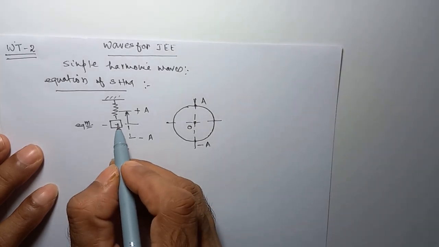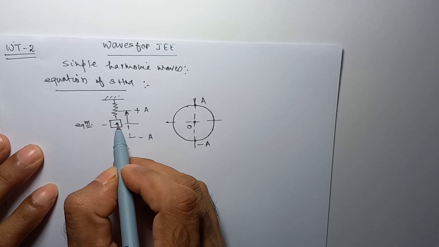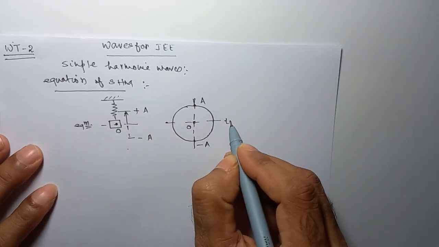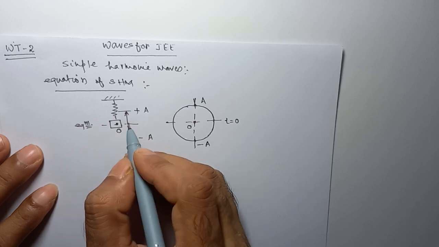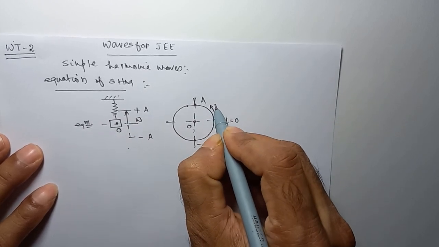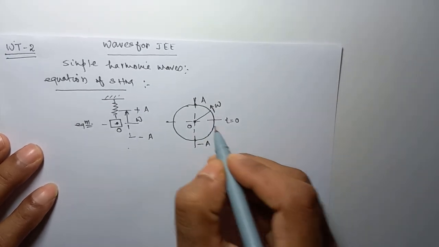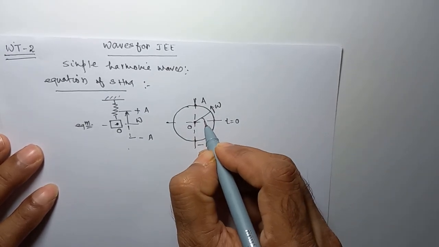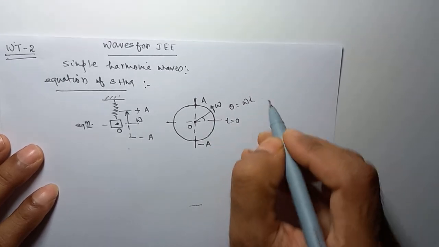If this block starts oscillating from the mean position, at t equal to 0, and say its angular frequency is omega, then after time t it will cover an angle, say theta equal to omega t.